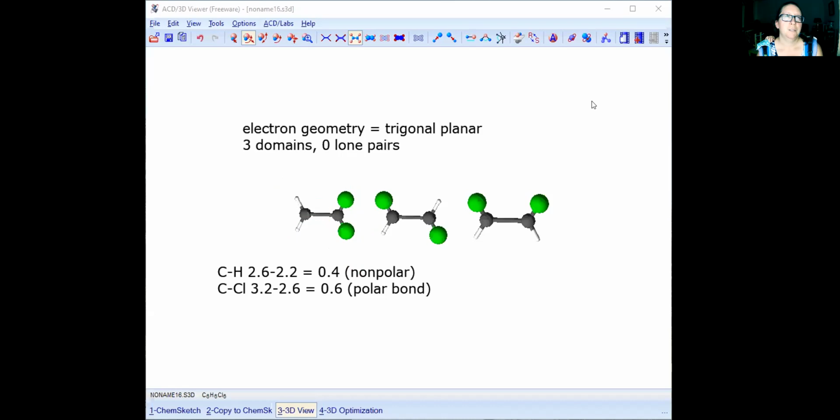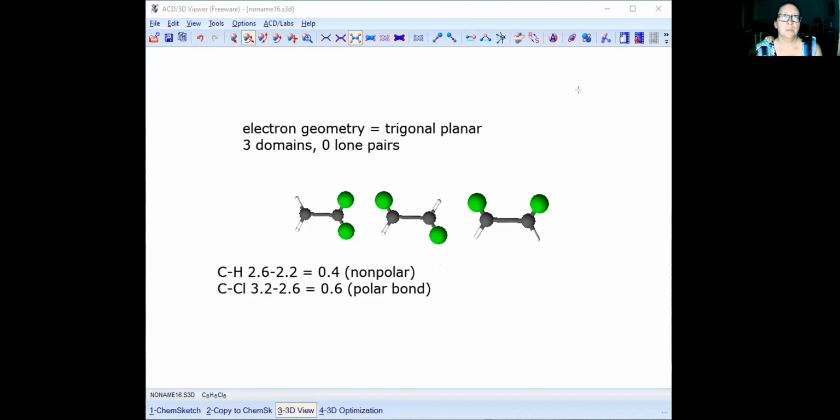If we look at this trans isomer, it looks like these bonds would probably cancel out. So I would say that this trans isomer probably is nonpolar because the bonds are pulling with equal force in opposite directions. And so I would say that that isomer would be nonpolar.